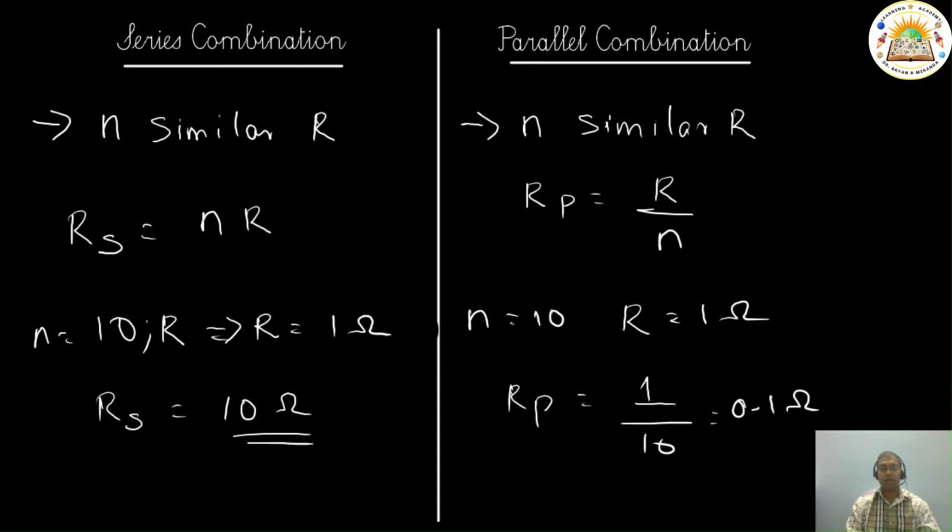Now we have seen how to arrive at the equivalent resistance for series and equivalent resistance for parallel separately. Now what happens if we are given a combination of series and parallel in one particular circuit? How are we going to solve it? That we will just look at right now.